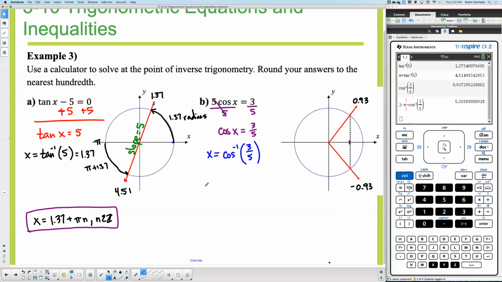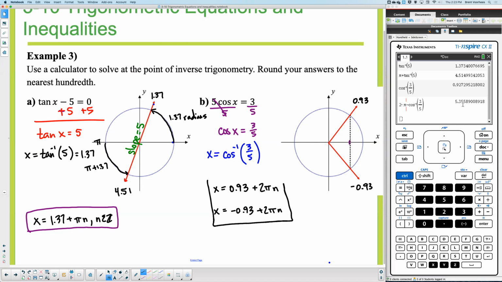Which means for our solution set, you do need to write both of them. For sine and cosine, you need to write them both out. I'm going to say 0.93. And then what's the period on a cosine? 2 pi, and throw in the letter n. The other solution will be negative 0.93. Again, you could substitute that with 5.36 if you preferred, 2 pi n.